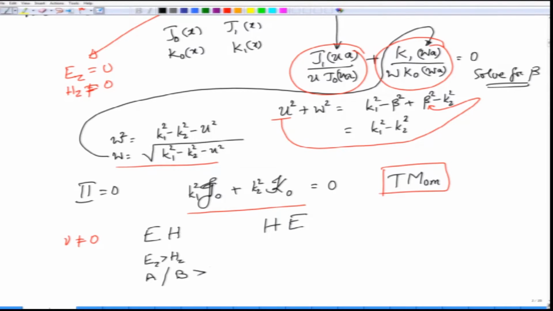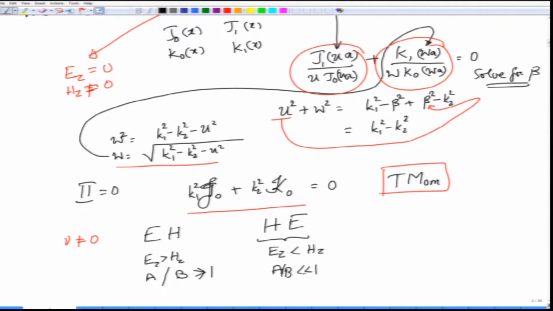So A by B, if this is much larger than 1, then we call this the hybrid EH mode, or sometimes the electric hybrid mode. Similarly, the HE mode will occur when Ez is less than Hz. Okay. So you get A by B much less than 1. So this is called the hybrid electric mode. Okay.